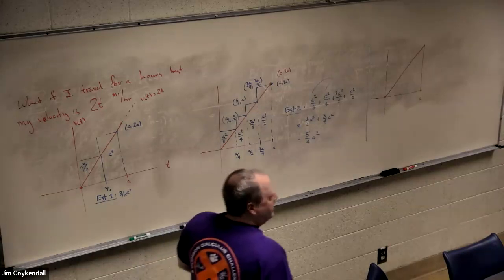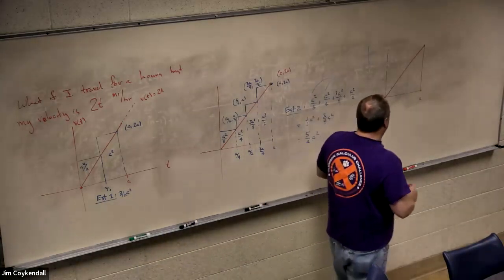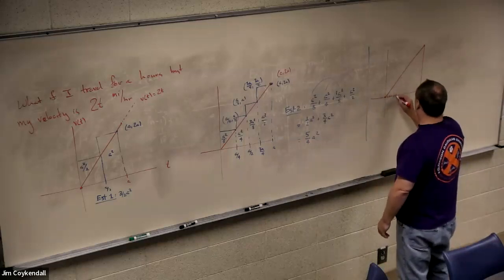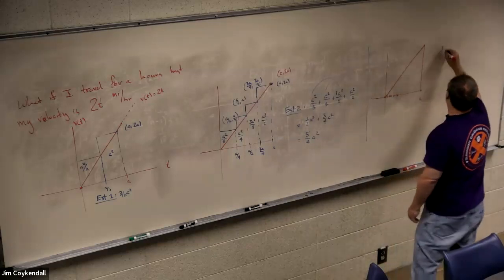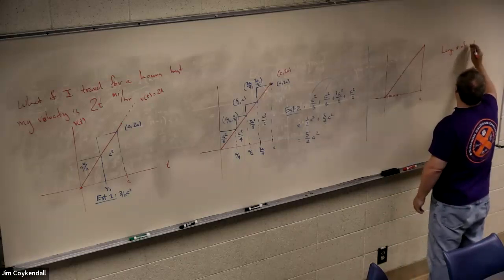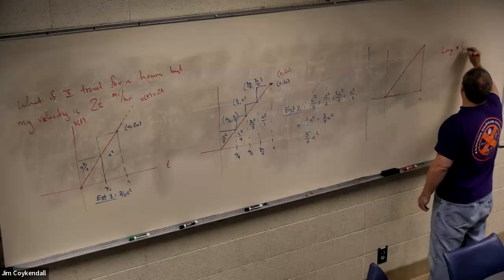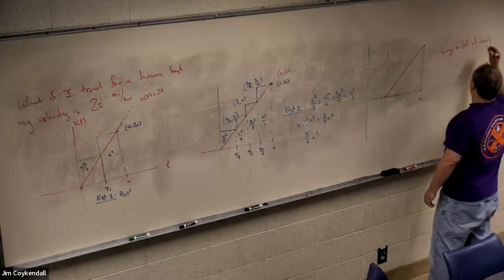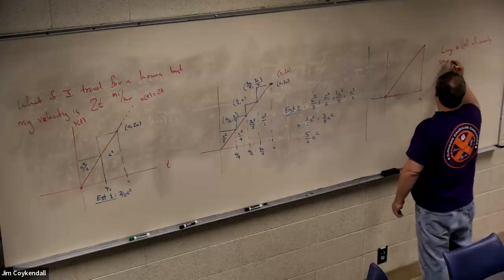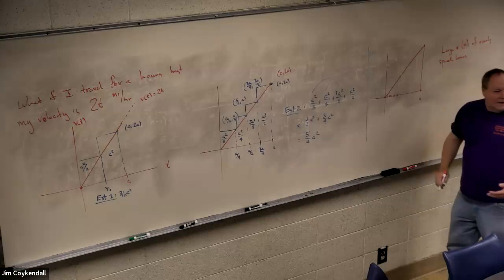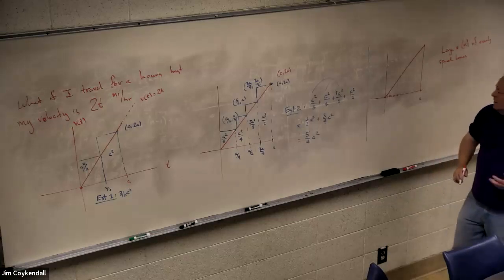Let's break this up into a very, very large number of little boxes, right? Large number, let's say n, evenly spaced boxes. And let's measure the area of each box.